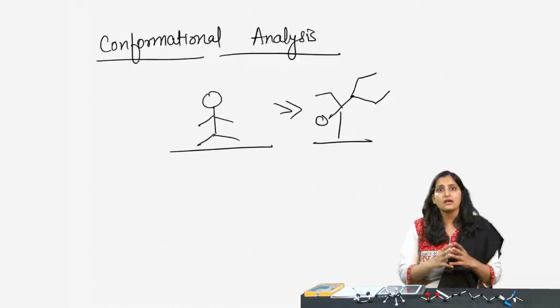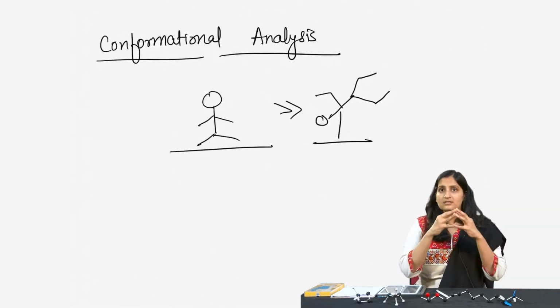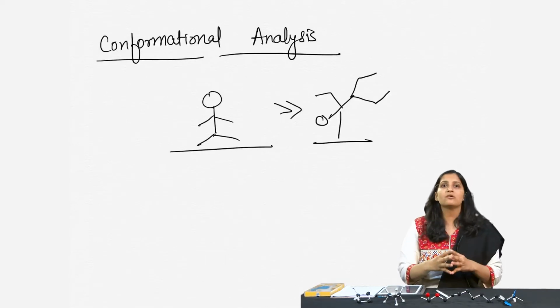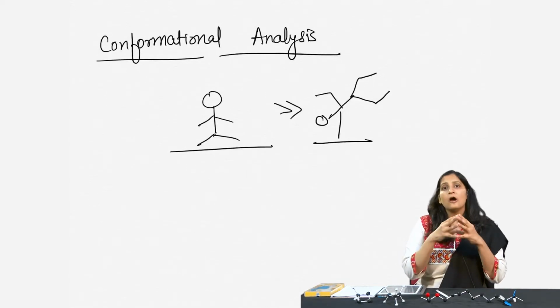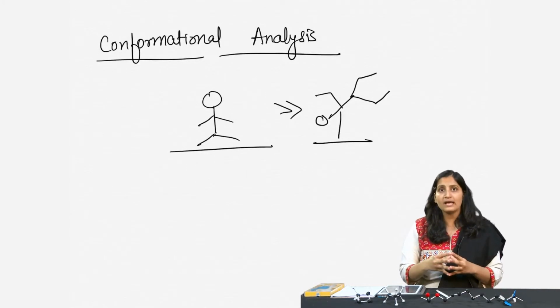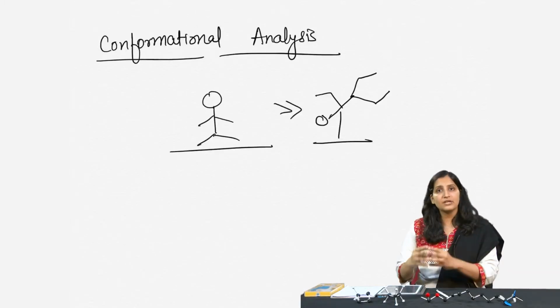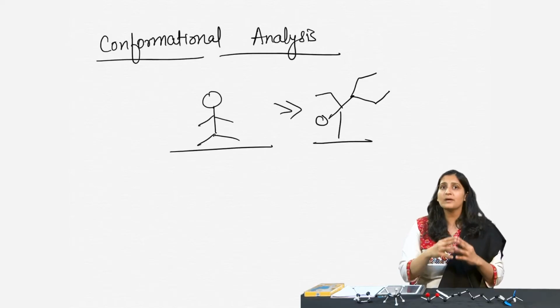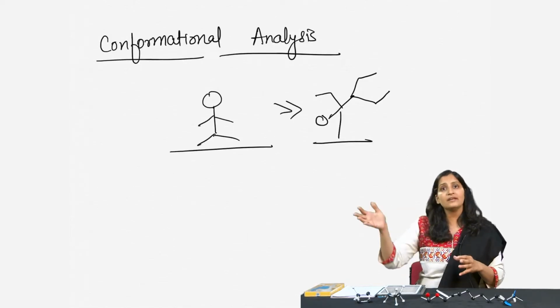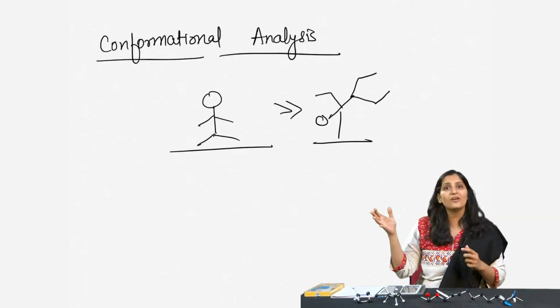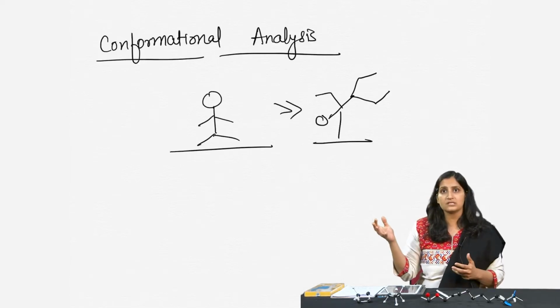travel in all these wells. So, in reality, in the case of ethane as well, or any molecule for that matter, depending on how much energy that molecule has, you are going to see that the molecule will go from one conformation to another and will sometimes even achieve the higher energy conformations depending on how much energy it gets from the surroundings.